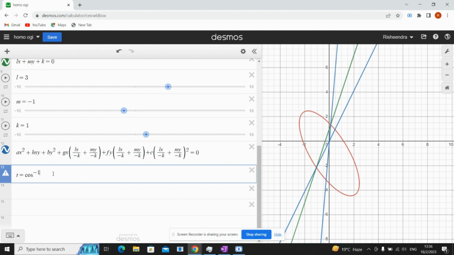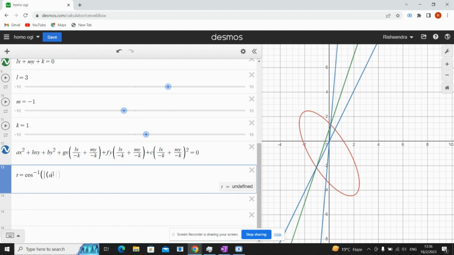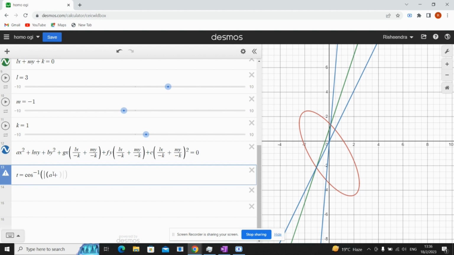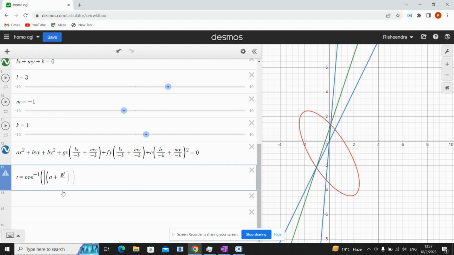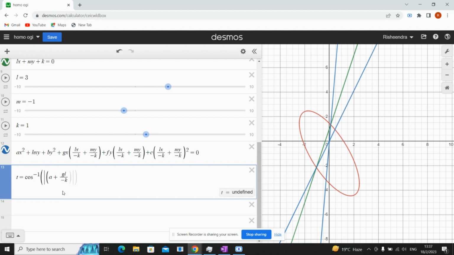Cos inverse. Now open the bracket. The x square coefficient. We have to write the x square coefficients. a plus c. Another x square coefficient, g into l x square. So plus gl by minus k.